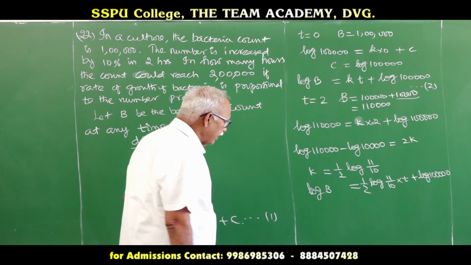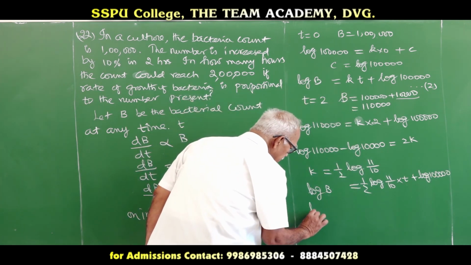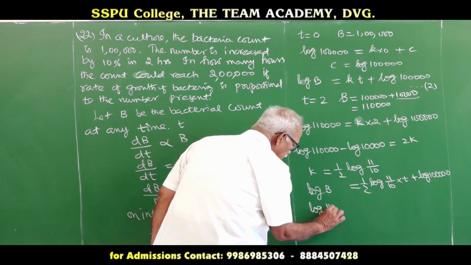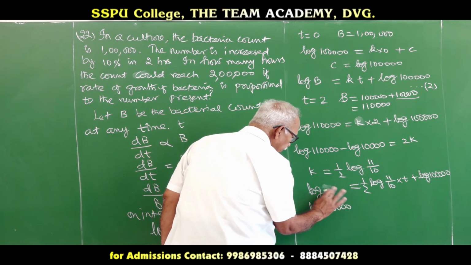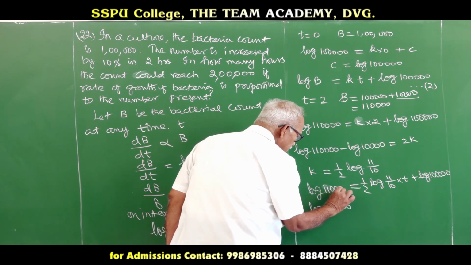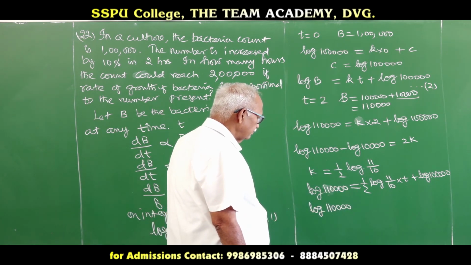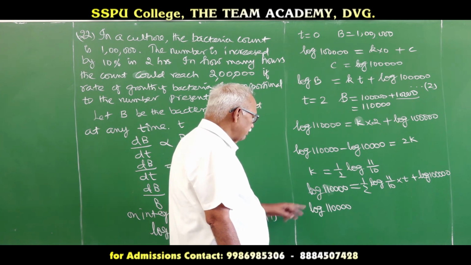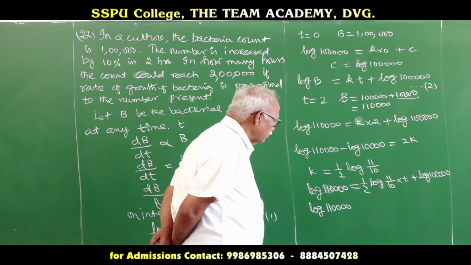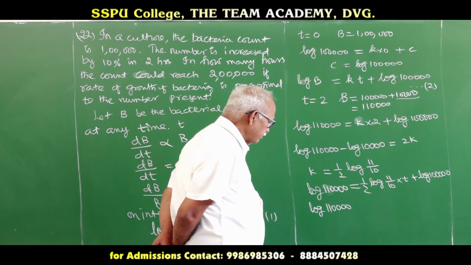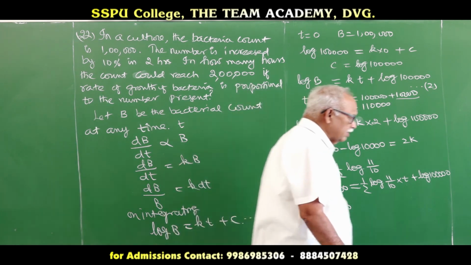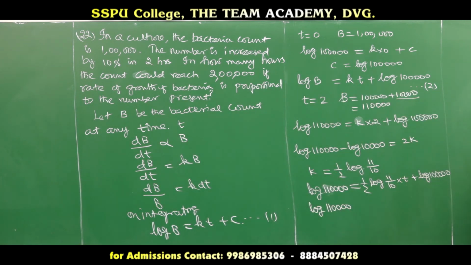Now the time required for this is log 110,000, so you can write this here itself. Log 110,000 is equal to 1 by 2 log 11 by 10 into t. So what will be the t values?